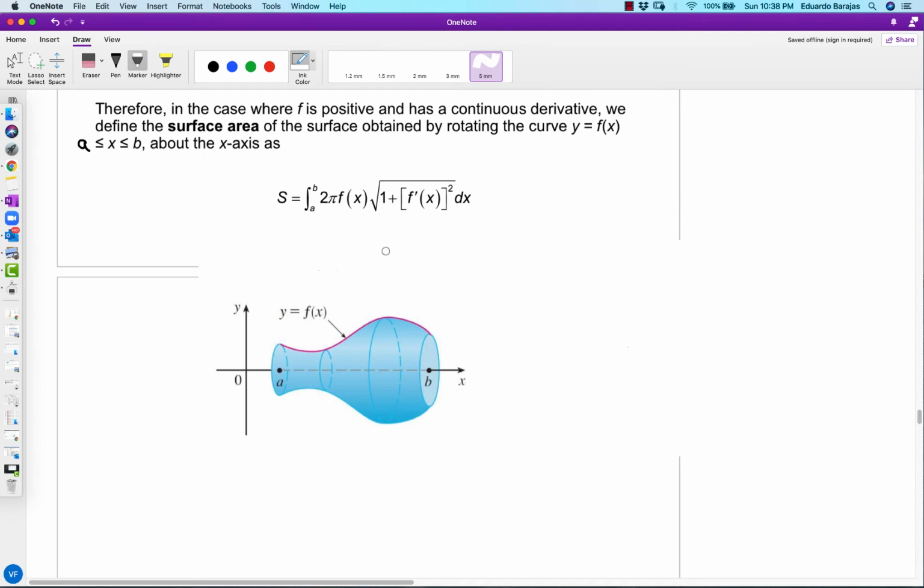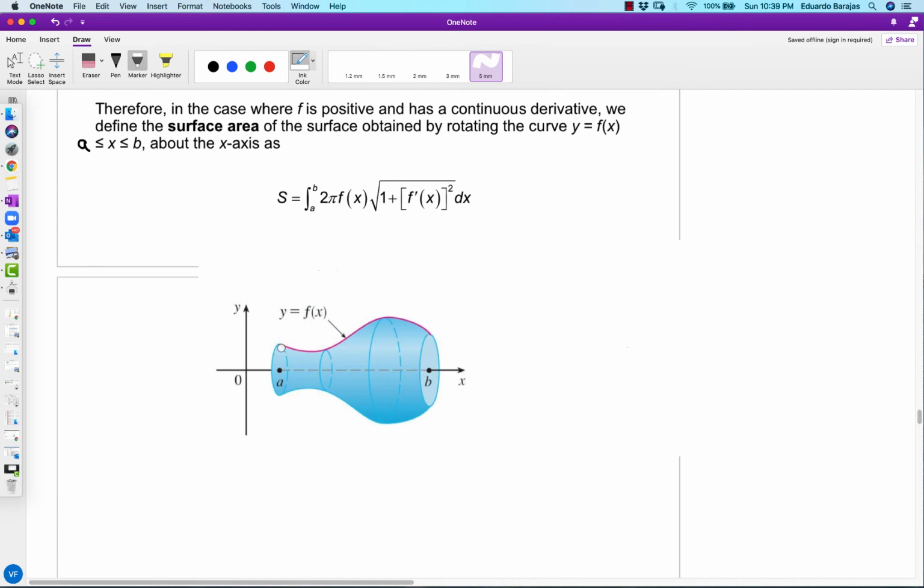So there's a whole lot of work to get something that looks pretty straightforward, right? This part of it looks exactly like the equation we worked with in the previous section, which gives you the length of a curve.